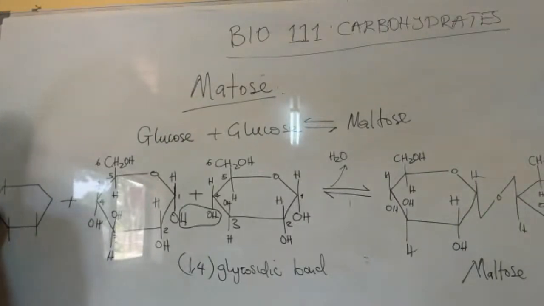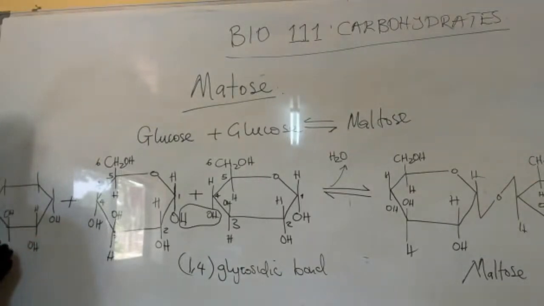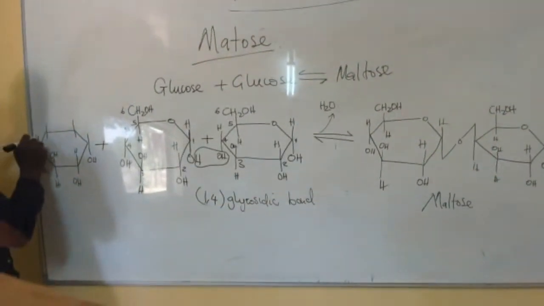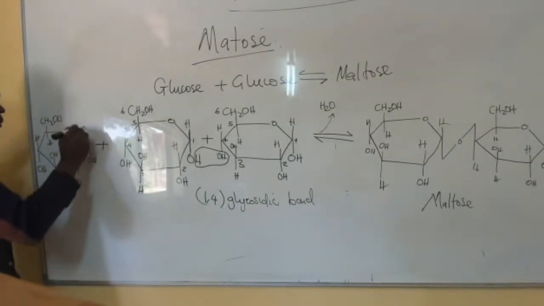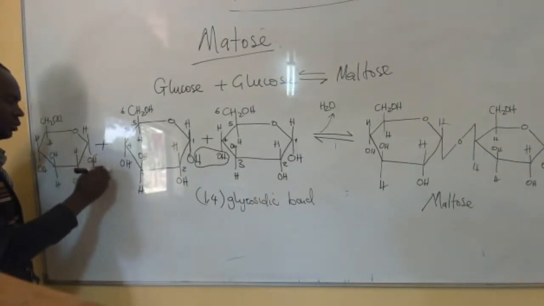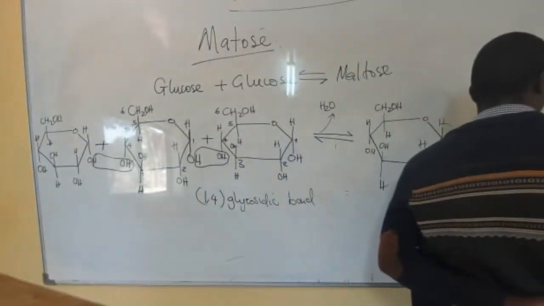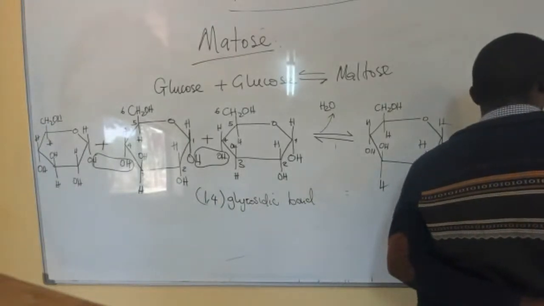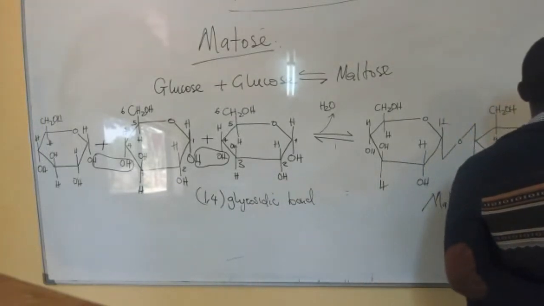If another glucose residue was to be added, you would have another water molecule expelled, meaning you will have another glycosidic linkage where you have a polysaccharide.